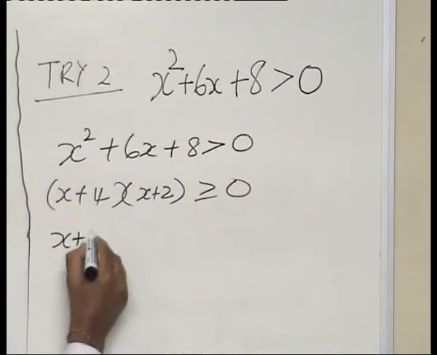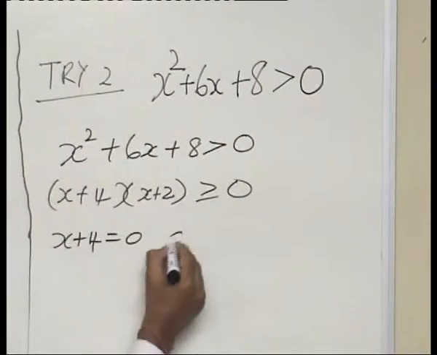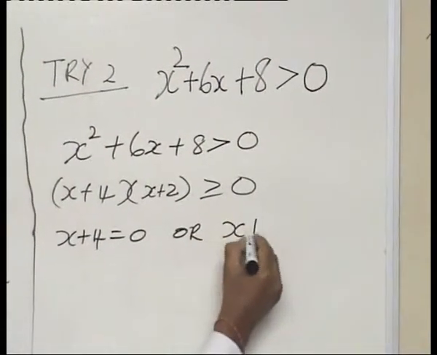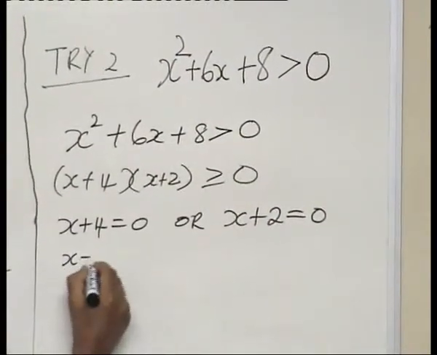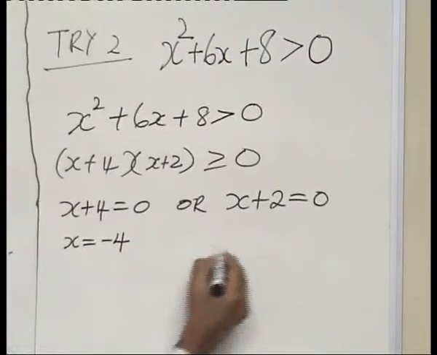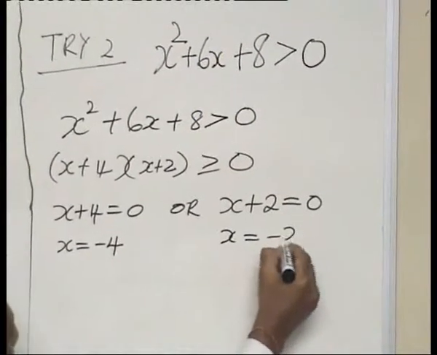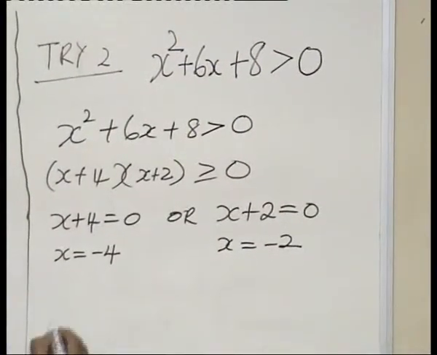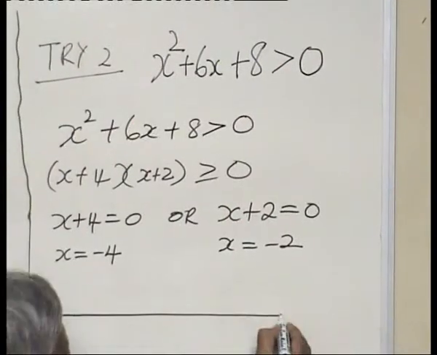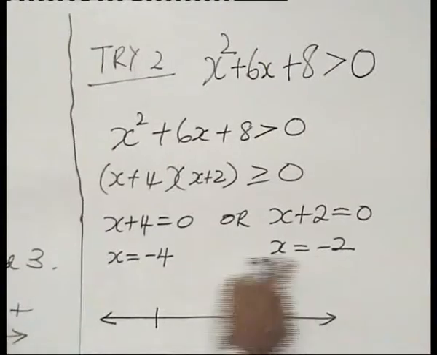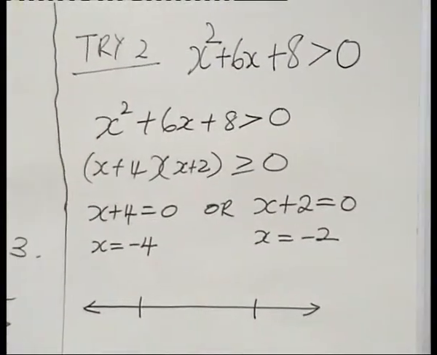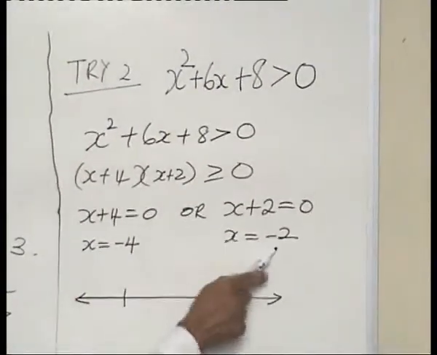Then you take each factor, you make it equal to 0, and you solve for x, so you get x is equal to minus 4, x is equal to minus 2. Next step, draw the number line and make sure that you put these numbers on the number line as they will appear on the number line.